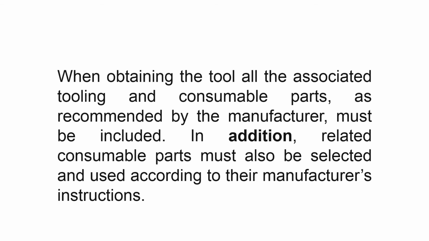When obtaining the tool, all the associated tooling and consumable parts, as recommended by the manufacturer, must be included. In addition, related consumable parts must also be selected and used according to their manufacturer's instructions.